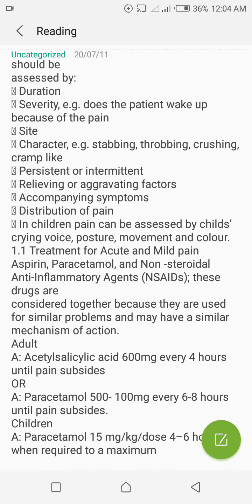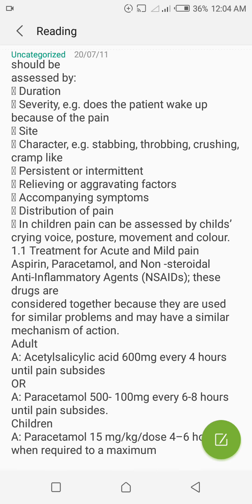So, the treatment for acute and mild pain. Most commonly people, pharmacists and doctors use aspirin, paracetamol, and non-steroidal anti-inflammatory agents, the NSAIDs. These drugs are considered together because they are used for similar problems and have similar mechanisms of action.